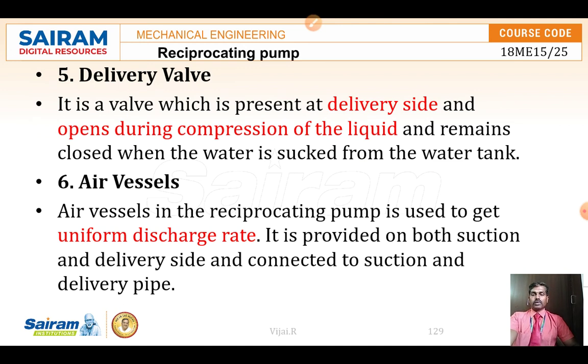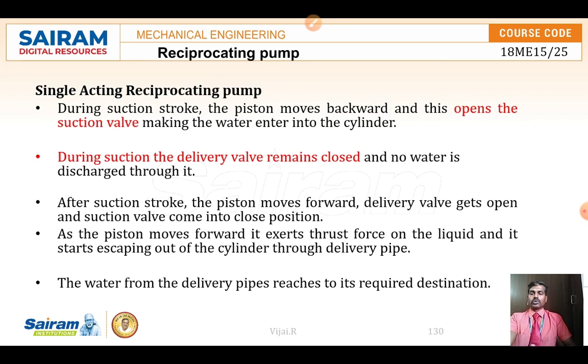The delivery valve opens and sends the liquid out due to the compression of the piston, and remains closed when the water is sucked in. The delivery valve and suction valve are the most important for the suction and delivery of water. Air vessels are used for the discharge of water, and this is how a single acting reciprocating pump works.